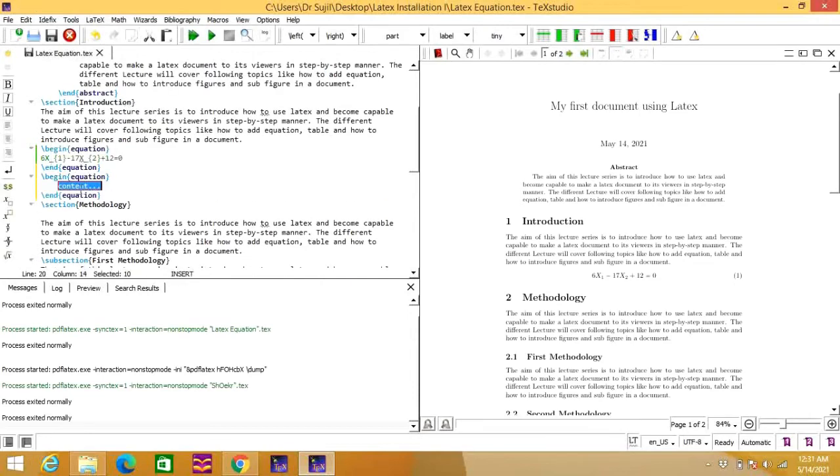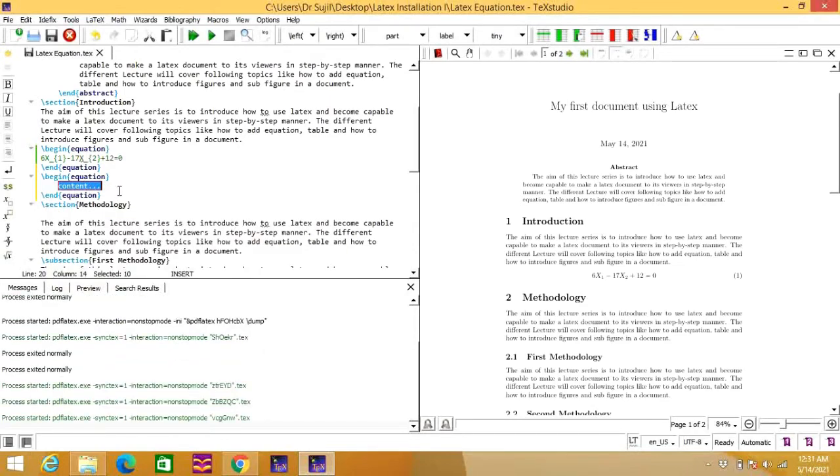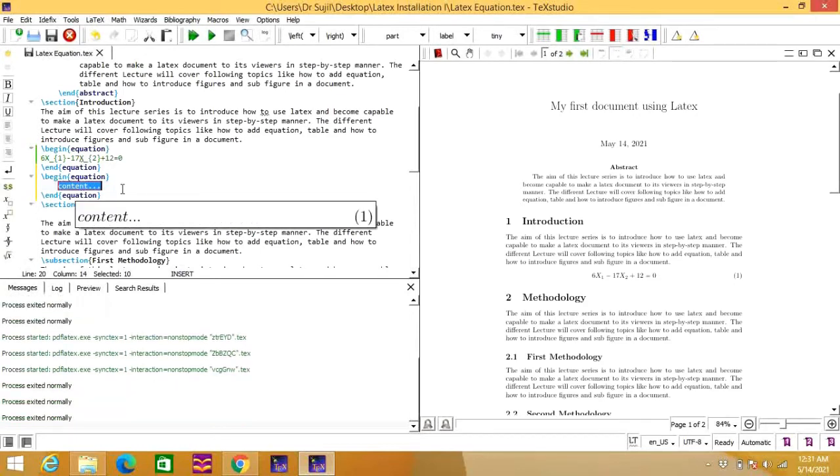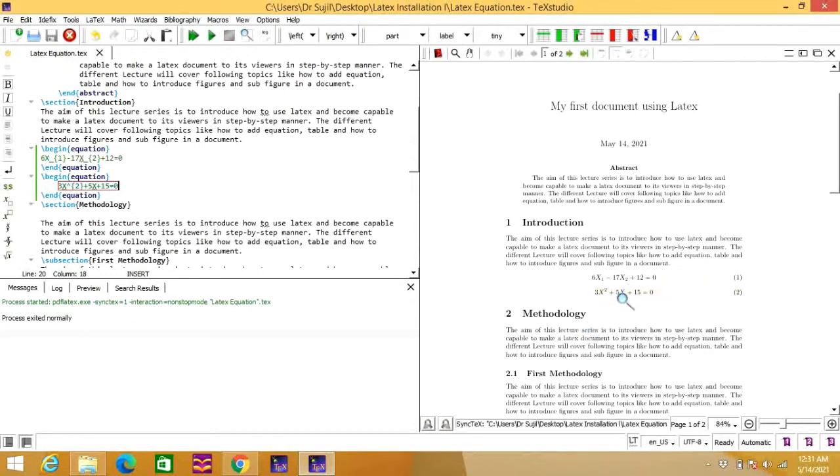When you press enter you will get another command which is end equation, and you need to place the content over here. Now let us run this code. So now we got our second equation.